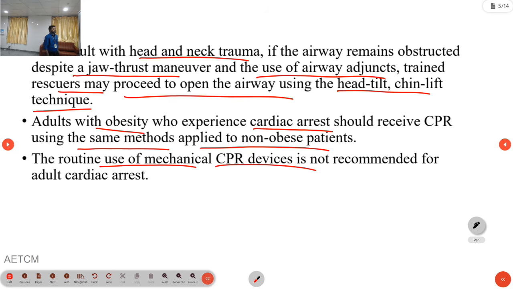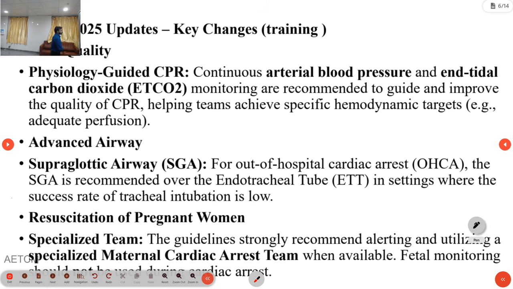So the usage of mechanical devices has not been advised by the AHA. Then next, we'll see the ACLS 2025 updates, key changes: CPR quality, physiology guided CPR.